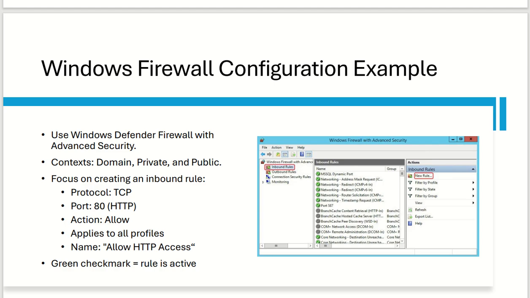The action will be one of two. It will either be to allow this traffic to get through or to block the traffic or deny it from getting through. You can make this applicable to all profiles. And then the green mark in the middle, next to the inbound rule, tells you that this rule is currently active.